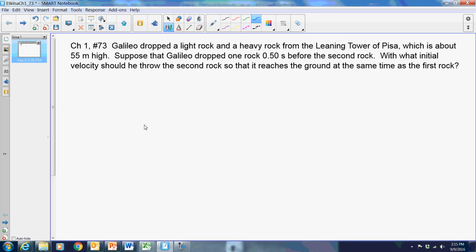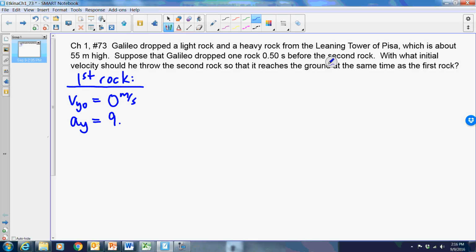We have the first rock is dropped, so we're going to say that its initial velocity in the y direction is 0 meters per second. And its acceleration in the y direction is gravity, or the acceleration due to gravity.